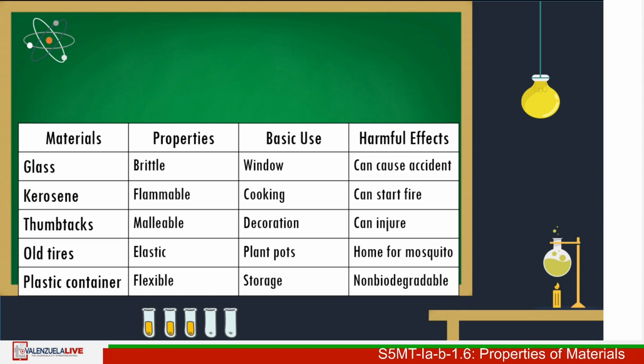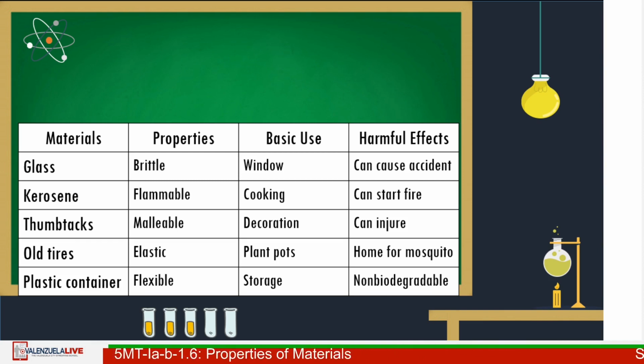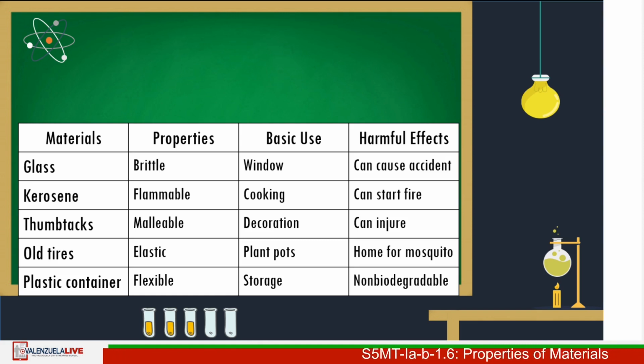Glass is used in windows, kerosene is for cooking, thumbtacks are for picture decoration on your home walls. Old tires can be used as plant pots. Plastic container as a storage.